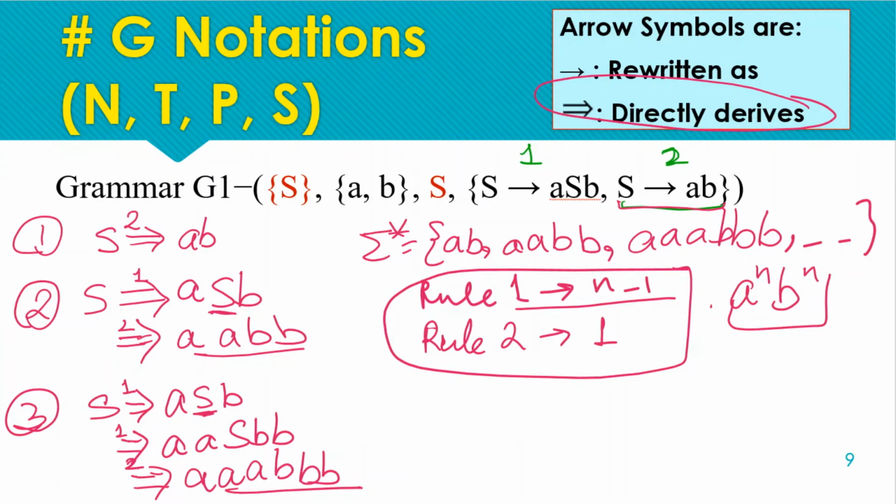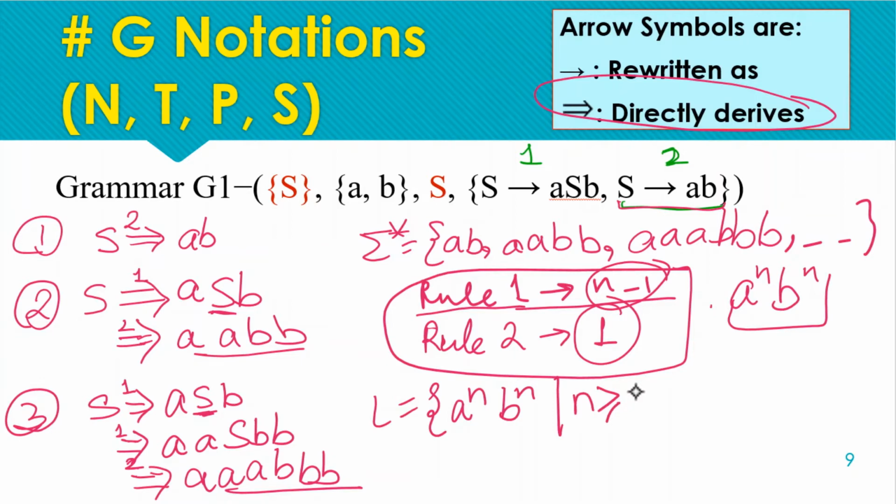For every string we are applying rule number 1 n minus 1 times, and rule number 2 only one time for the last termination of the non-terminal, as we have done here and here. So the language of this grammar is A raised to power n, B raised to power n, n greater than or equal to 1. Why are we writing n greater than or equal to 1? Because here we have the termination with simple AB.